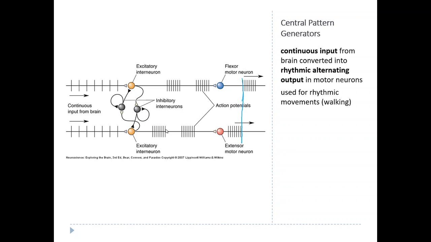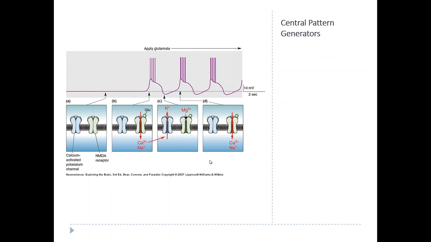And then what's also important is that these interneurons produce rhythmic behavior. So they go through this cyclic on-off pattern. They produce bursts of action potentials, and then they go quiet, and then they produce another burst, and then they go quiet. So the question is, how do they do that? If you look at the receptors expressed by these interneurons, they have this rhythmic firing activity.